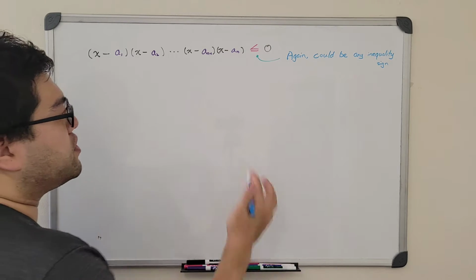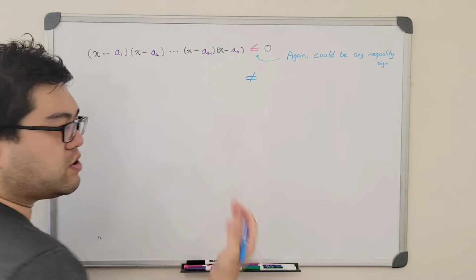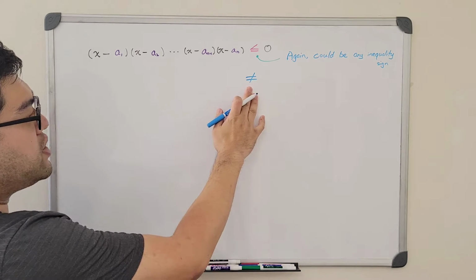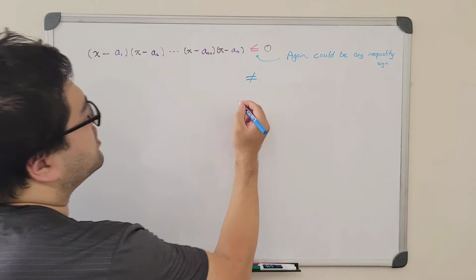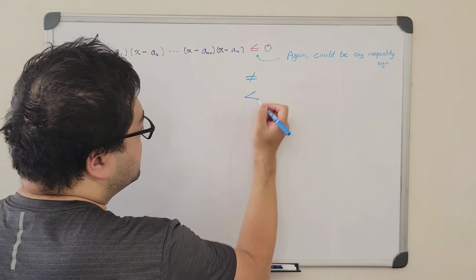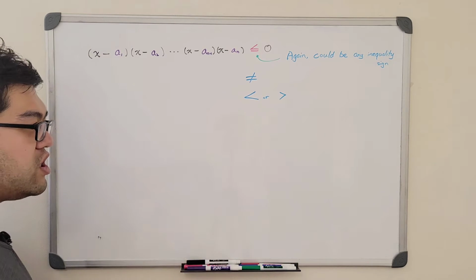Now there's one more inequality sign that most people usually don't use that often, especially when we solve inequalities, which is the not equal sign. Well, what does it really mean for not equal? In fact, it just really means that it is less than or greater than at the same time, as long as it's not equal.